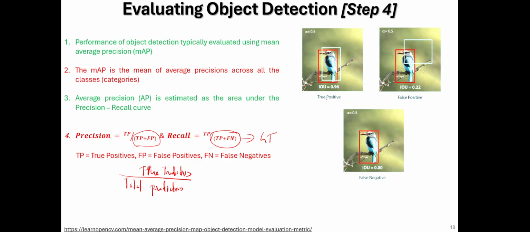So true positive in the case of object detection, considering an IOU score of 0.5 as threshold, it's important. We have to choose an intersection over union threshold. So let's say it's 0.5, which is very common. So the green one is, let's say, the ground truth, and the red one is the prediction.